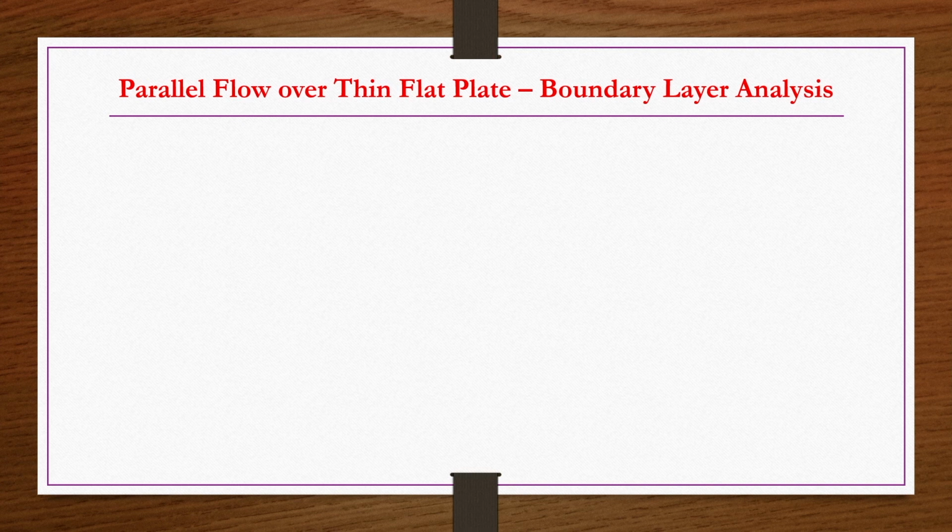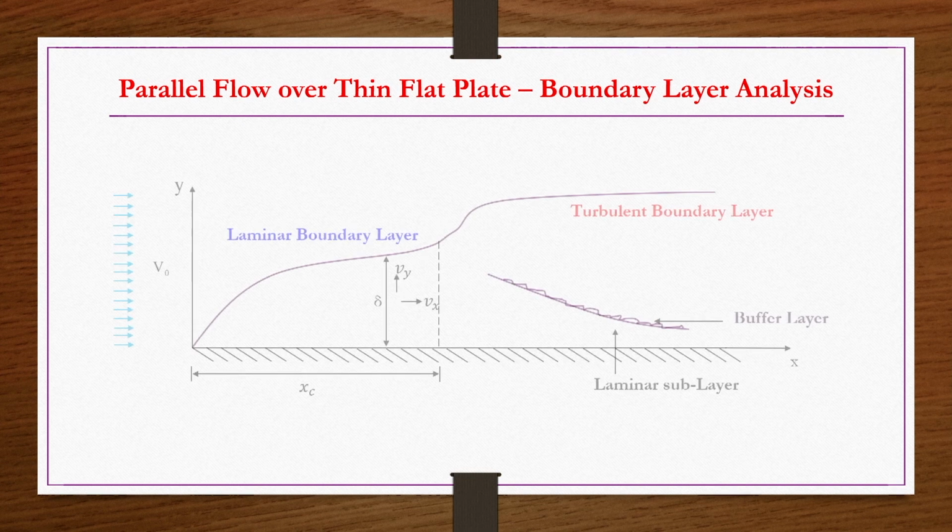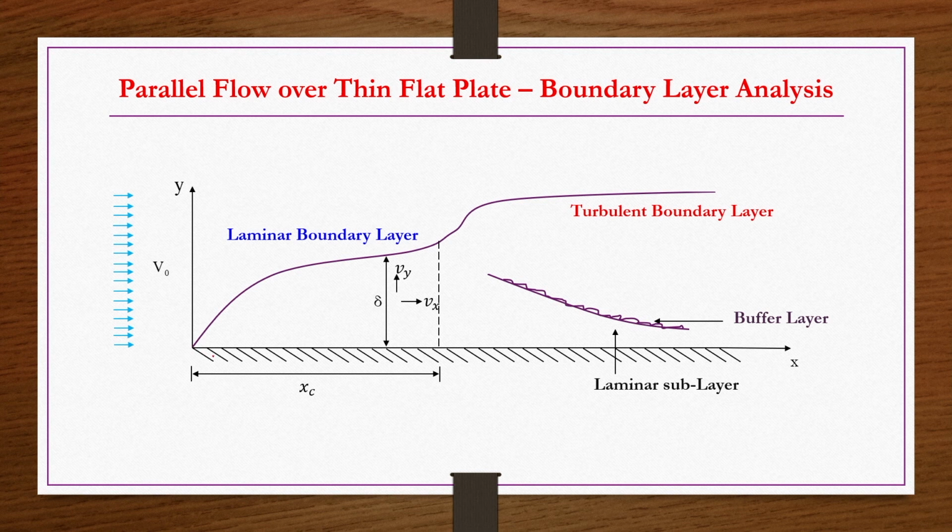The same thing we see pictorially now by taking an example: parallel flow over a thin flat plate, boundary layer analysis. We have a flat plate in the x direction; these slanted lines indicate the solid surface.